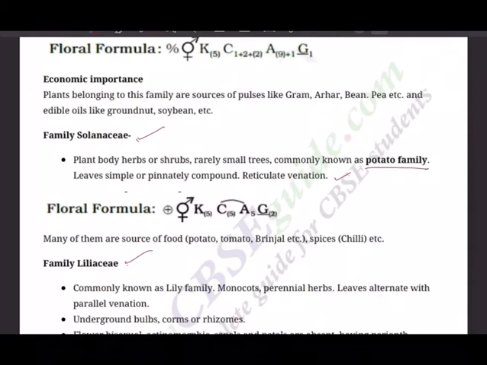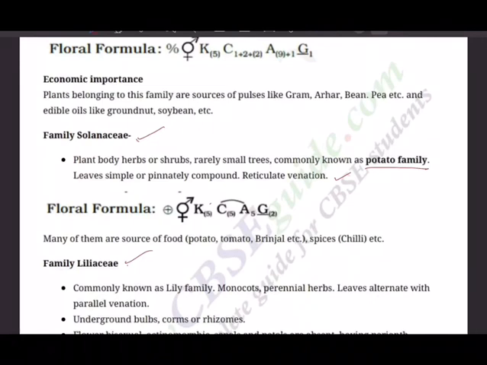K, just now we said calyx, and we are putting 5, that means 5 sepals are there, within a bracket means fused, all the 5 sepals. And then we are writing corolla C, and again we are putting fusion of petals, colorful, fragrant. A for androecium, 5 are there in number, and there is a direct connection between androecium and the corolla.